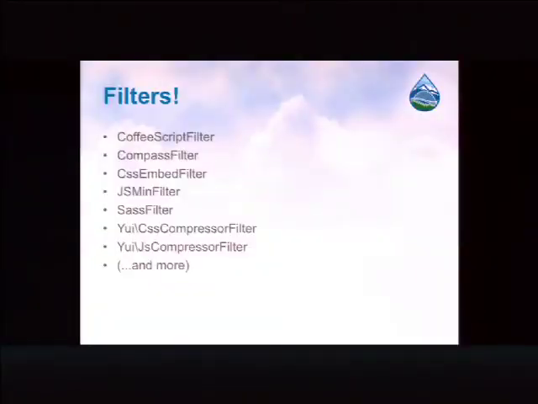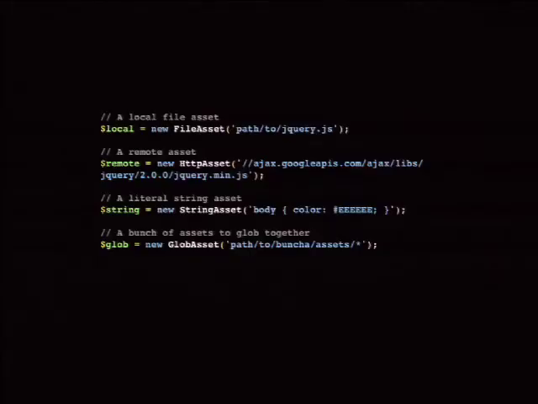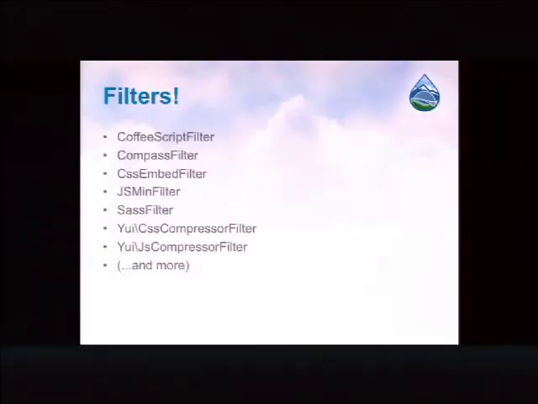Filters are where it's interesting. You declare one of these assets, then you can apply filters to it. There are lots of different filters that Assetic ships with. This is a small sampling: Coffeescript filter, Compass filter, CSS embed, JS min, SASS, CSS compressor, JS compressor. There's a bunch more. One of the big issues, of course, is that most of these things are not actually written in PHP.